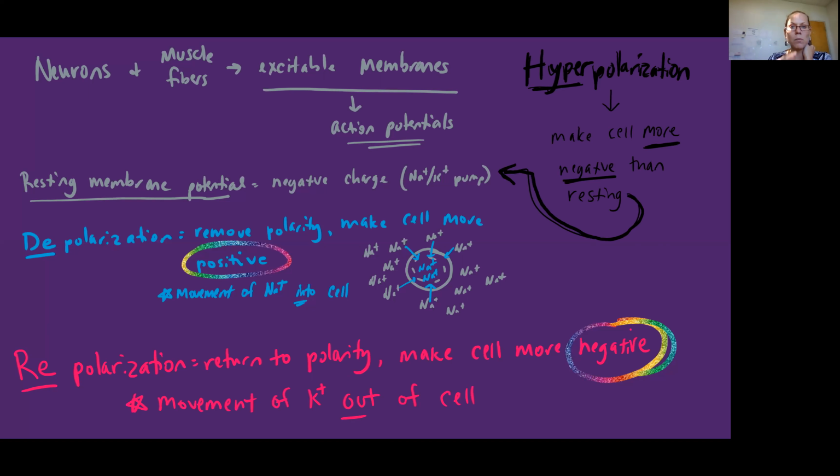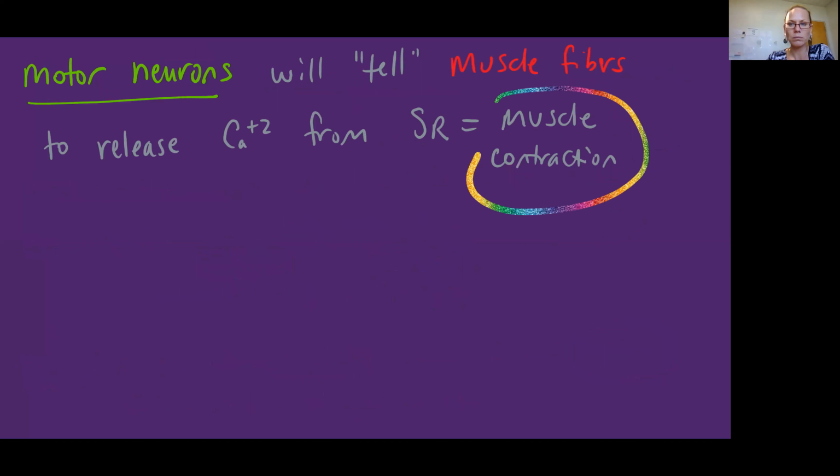Hyper means more. So hyperpolarization means more polar. And so in this case, we're going to super duper kick out that potassium so aggressively that our cell will actually be more negative than it was at the start. So hyperpolarization means to make the cell even more negative than resting. Make sure you know these terms. You need to be able to follow the conversation and use them in your own conversations.